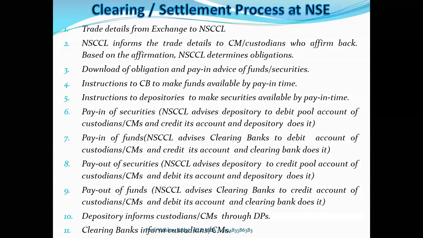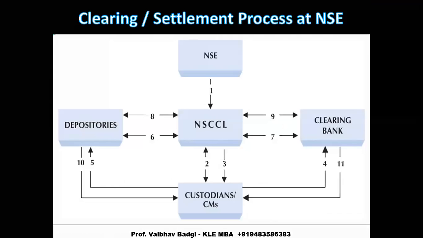They have clearly said don't transfer the shares as of now, but just convert those shares and keep them ready for delivery. In the meantime, at point number 6, the depository informs NSCCL that shares are ready and converted into electronic form and are waiting for confirmation, because the confirmation is that money has to be cleared in the account. In the meantime, the clearing bank gives a confirmation to NSCCL that Vishaka has paid money and the amount matches the order she has put.